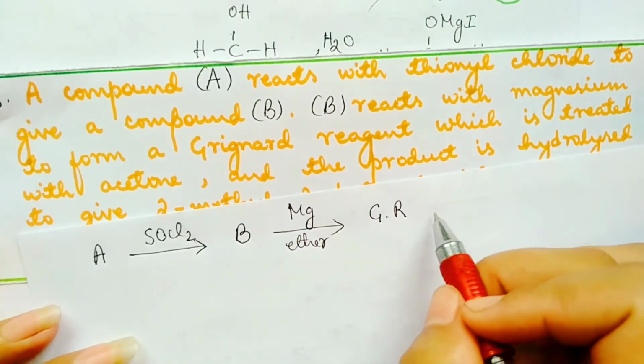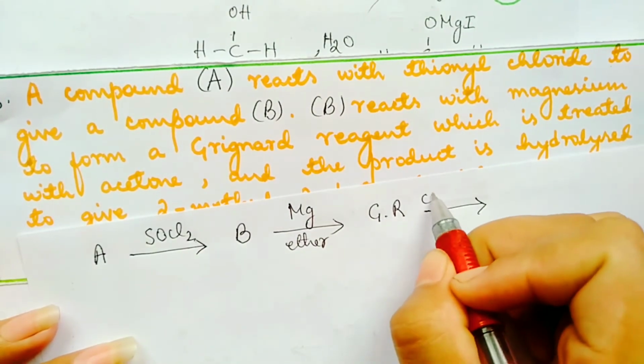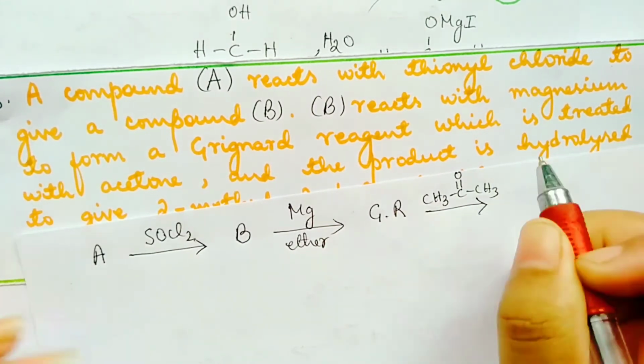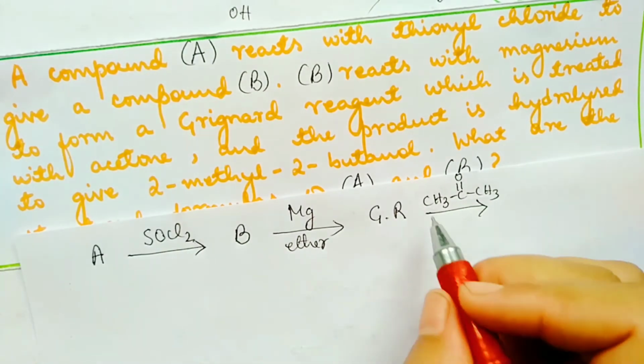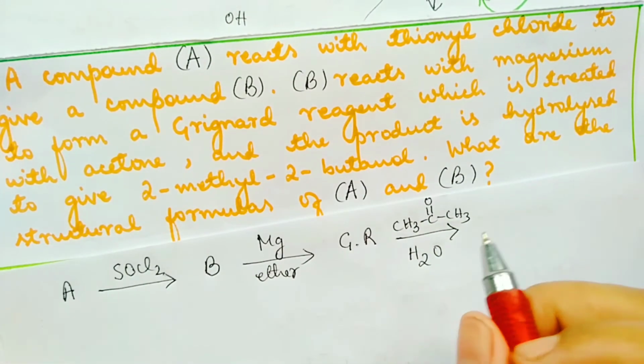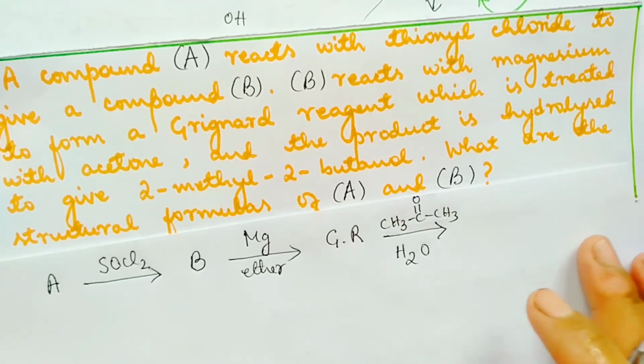And then this Grignard reagent is treated with acetone. This is your acetone. And then further you hydrolyze, you get your 2-methyl-2-butanol.